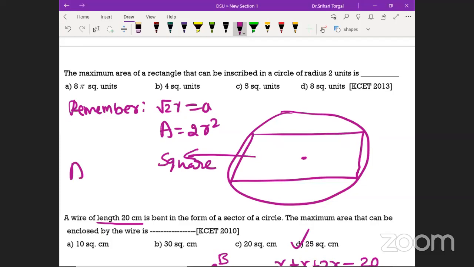Remember this. A is equal to 2 into 2 square. 4 2s are 8. See here, without using differentiation, we got the answer. A square has the maximum area in this kind of result. Okay.